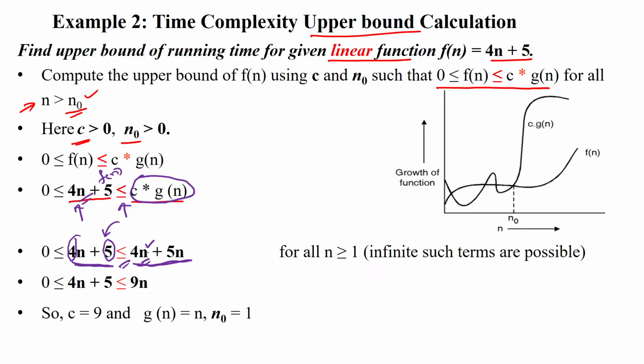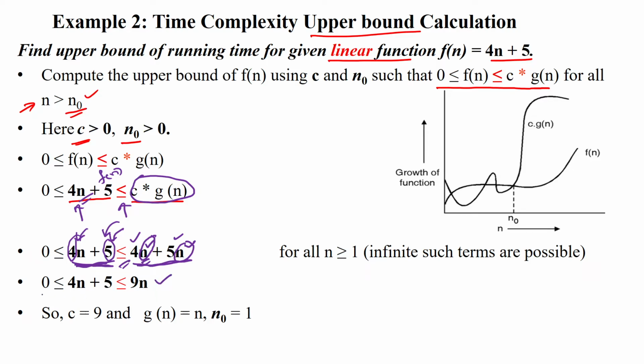Here the coefficient of n is 4 and the coefficient of the constant is 5. We take that 4 and 5 and add them up, so we are getting 9n.